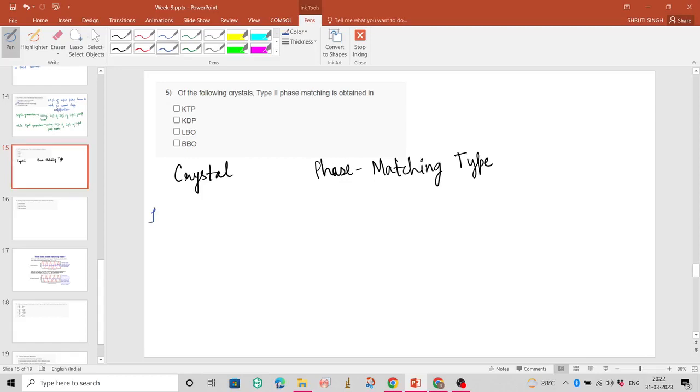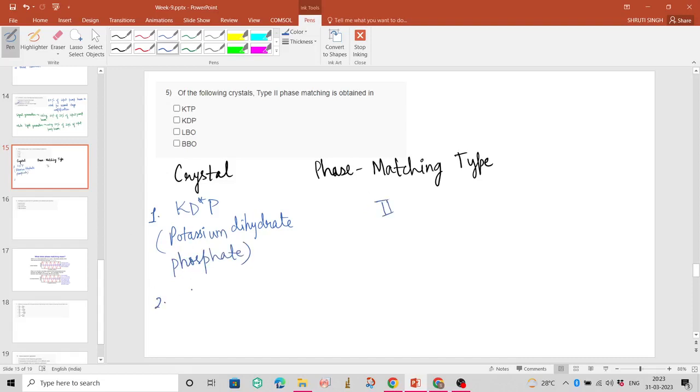Now let's write, the first one is KDP, the full form is potassium dihydrogen phosphate. Okay, it has type 2 phase matching.